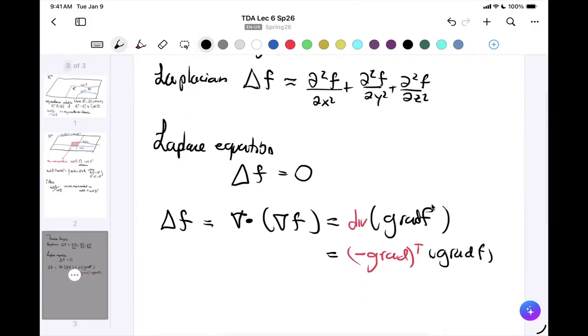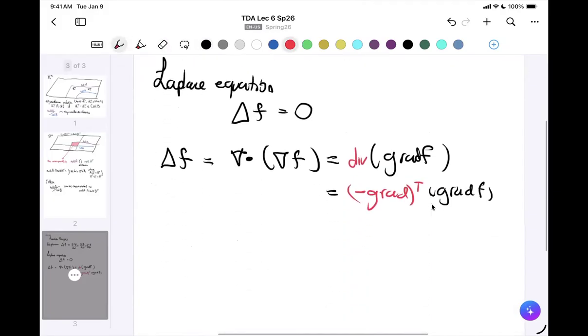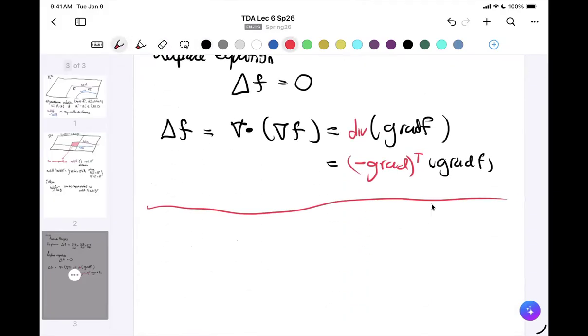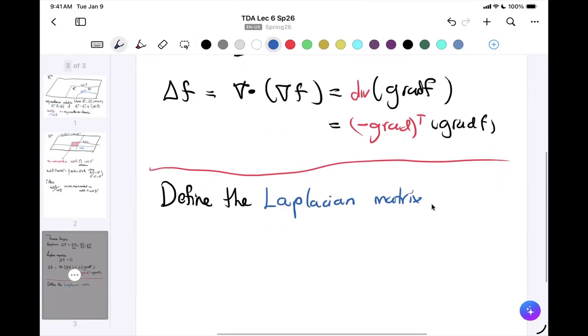So that was just a detour to explain the name of what I'm going to define. You can define the Laplace matrix, or the Laplacian matrix. It's just going to be this matrix, so I'll call it L. I'll make a diagram in a moment just so that you see that it makes sense.